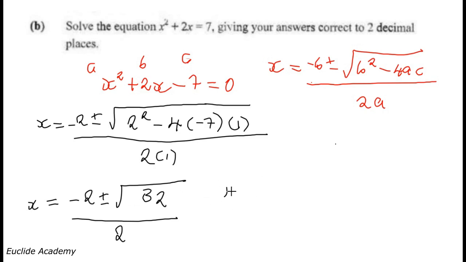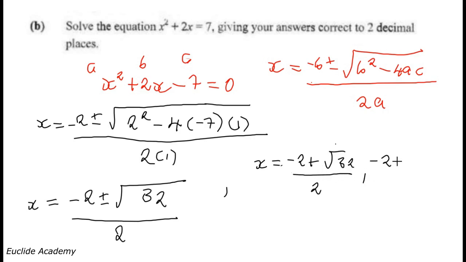So we come here and we can say x is equal to negative 2 plus the square root of 32, divide everything by 2. Don't just divide the square root of 32, but everything by 2.